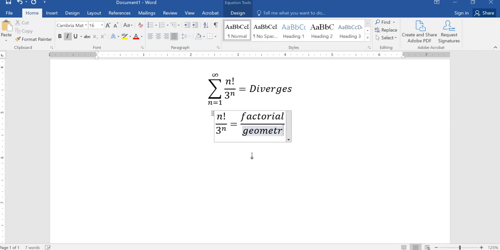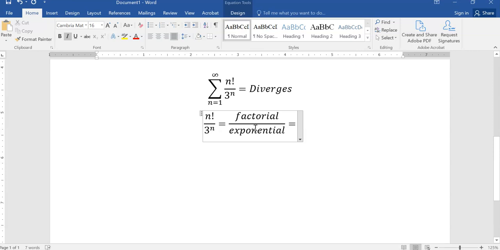So whatever you'd rather write, factorial or exponential. And it turns out that factorial is a faster growth than exponential. And therefore, this factorial will dominate. I say dominate.